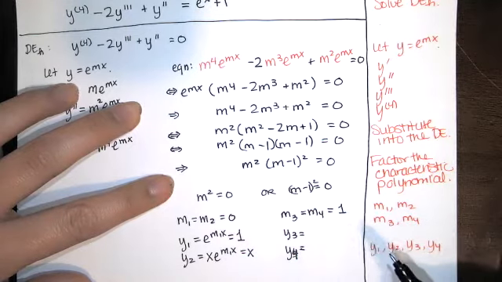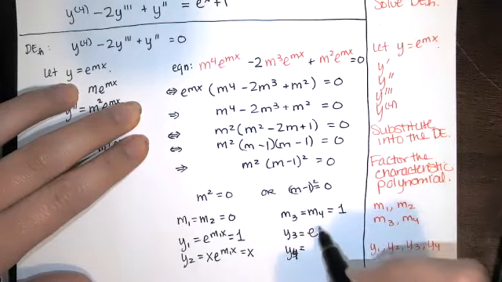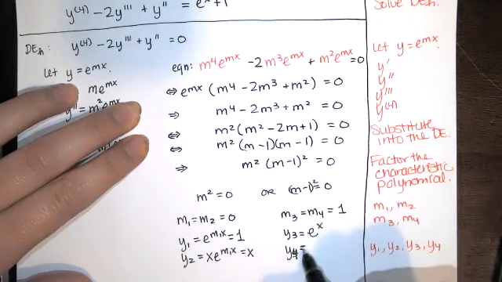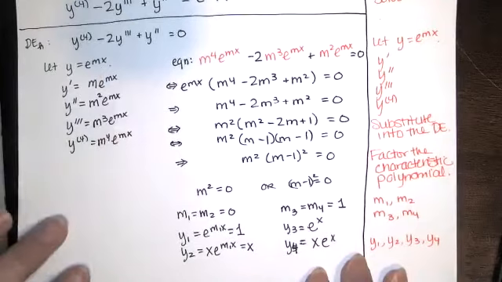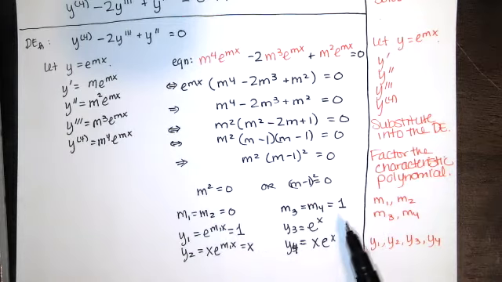If m is equal to 1, this is going to be e to the m3x, or e to the x. And then because it's a repeated root, you're going to multiply by an x to get the second linearly independent solution. So we've got 2 solutions, 1 and an x for the root of 0. And then we have those 2 solutions of e to the x and x e to the x for the second one.